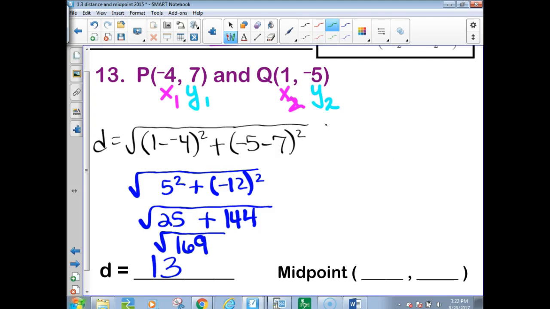Now I'm going to do the midpoint. I'm just going to add my x's: negative 4 plus 1 divided by 2. And add the y's: 7 plus negative 5 divided by 2.